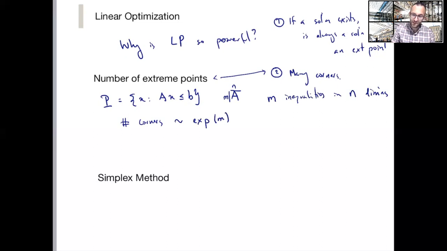And a very simple example of this, it could be as big as this. It doesn't have to be. A simple example is just the box. So 0, 1 to the N has 2N inequalities, but it has 2 to the N corners.